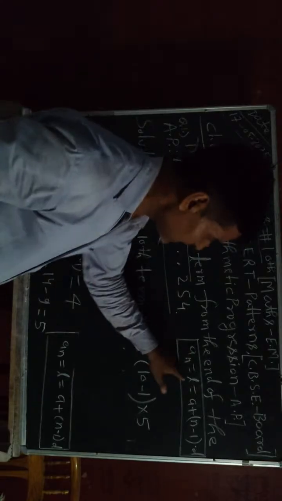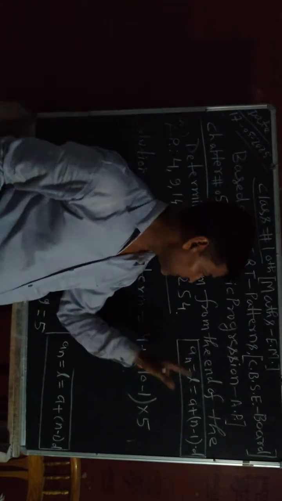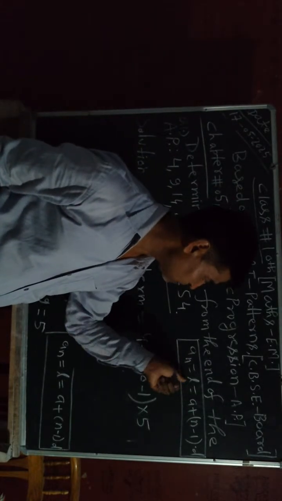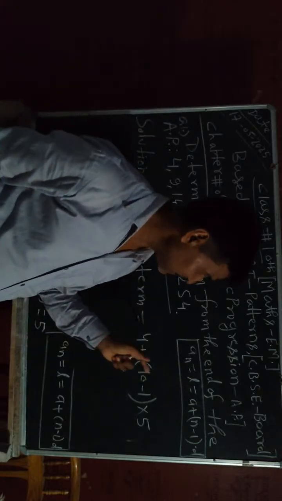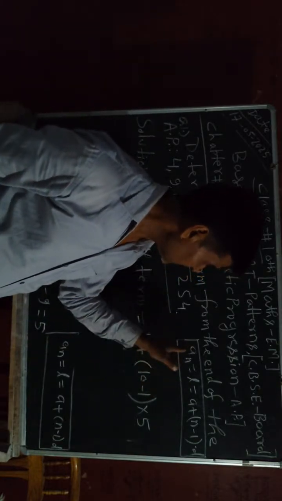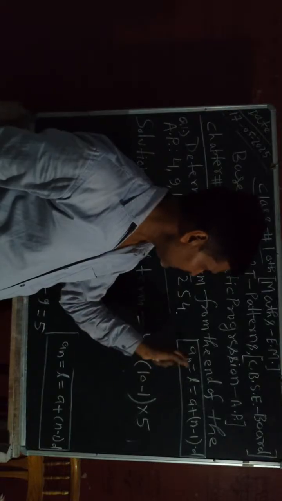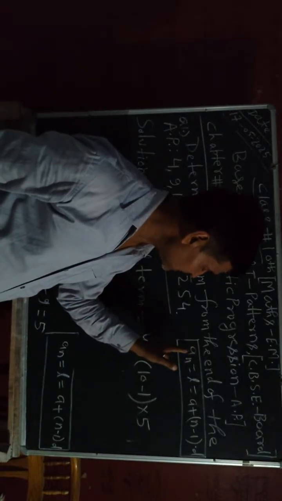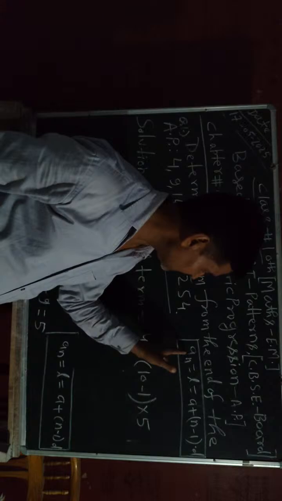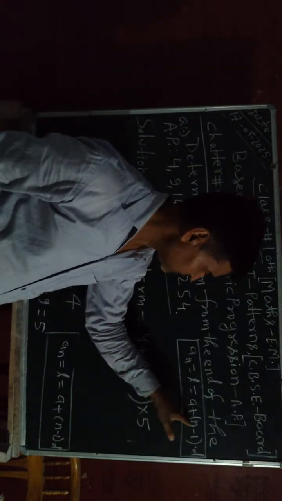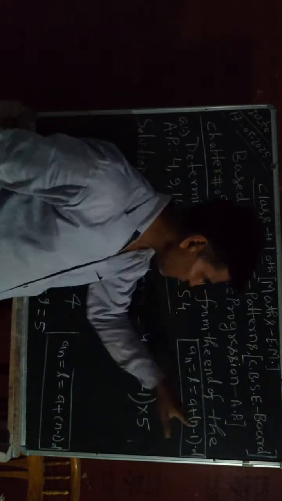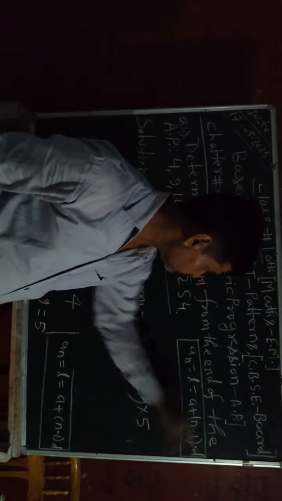based on this topic. Okay students, you have to remember, because the nth term and the last term are the same. We will say both are equal. It means that the nth term is equal to L. We will also say a_n is equal to a plus, in the bracket, n minus 1 into d.